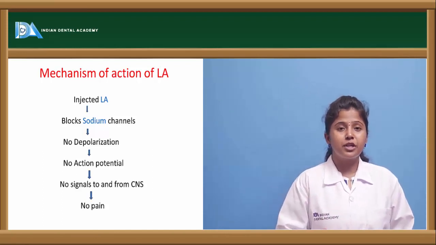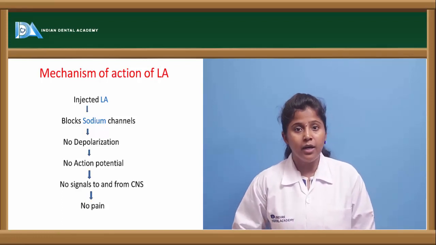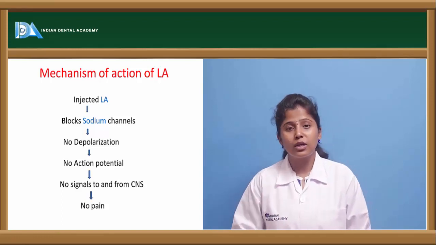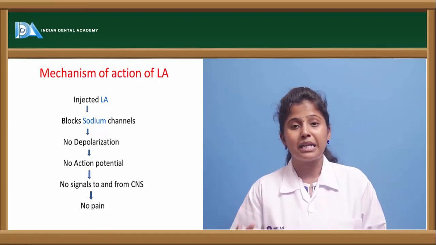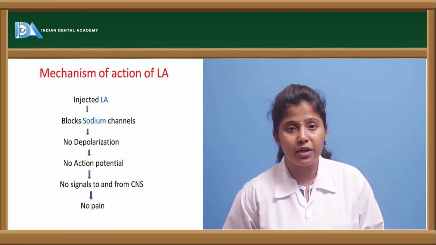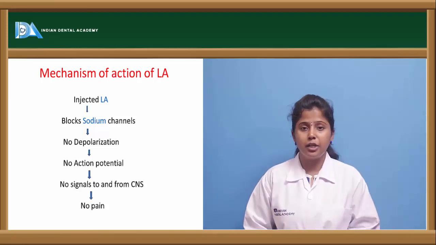If an action potential is generated, it sends impulses to the brain in order to induce pain. So if the entry of sodium is blocked, they are not allowing depolarization of the cell, and the ultimate result is that pain is not induced.